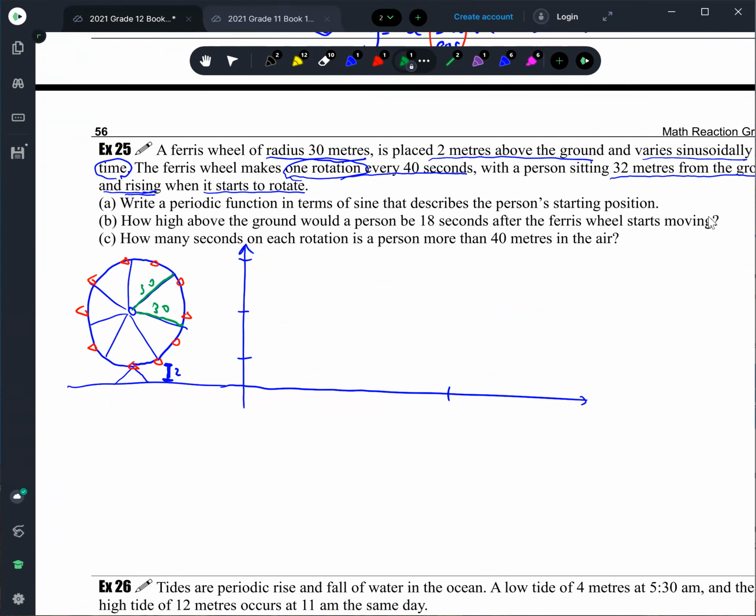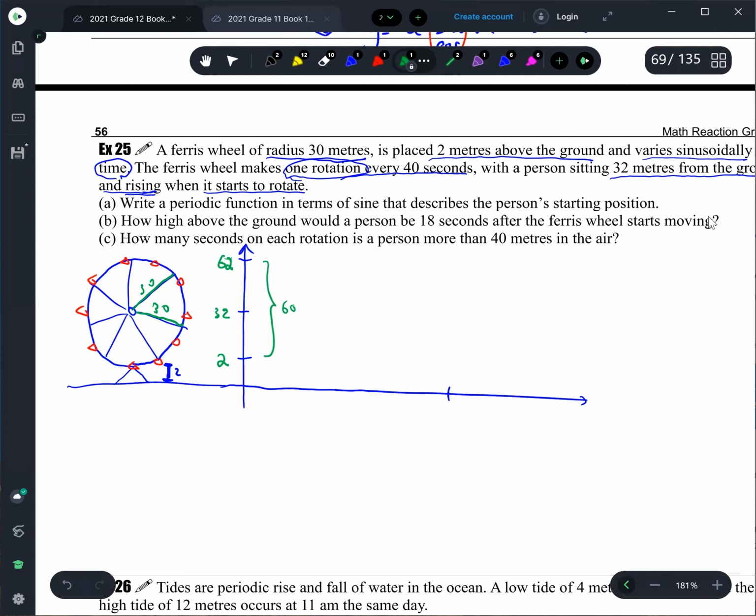That means the highest place should be 60 in diameter plus the 2 meters, so 62. Lowest is at 2, right? So you have a whole diameter. Diameter is 60. Make sense? And radius of 30, so that means 30 to each end. So the middle should be at 32.